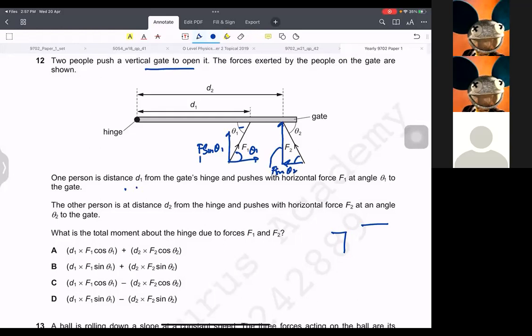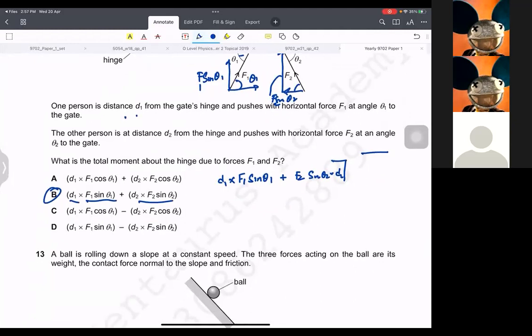This is F1, this is F2. Both of them will turn this way, which means that you got to add them. F1 sine θ1 plus F2 sine θ2, and you got to multiply with their distances. So the correct answer would be this one. This is correct, 100%.